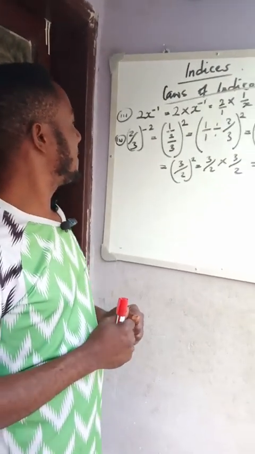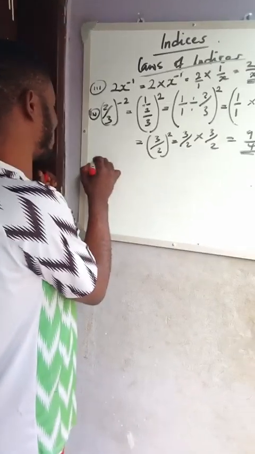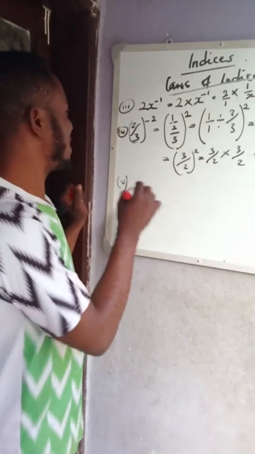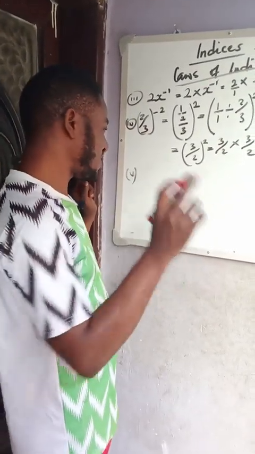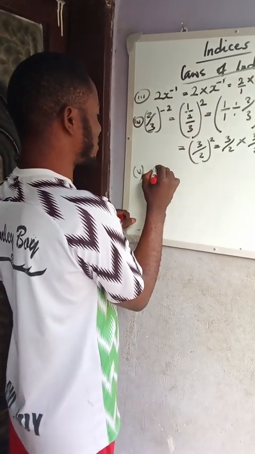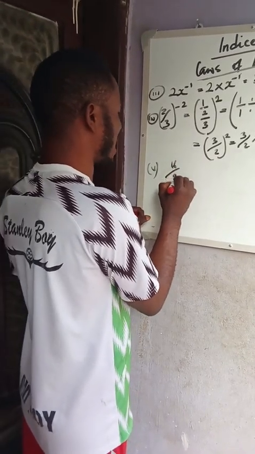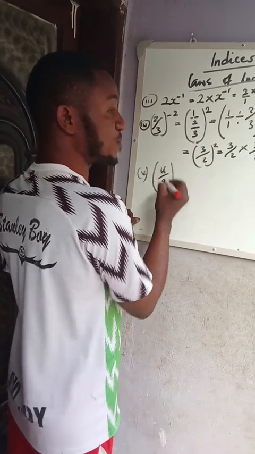Okay, so can we take another example? That's number 5 before we round off this one.